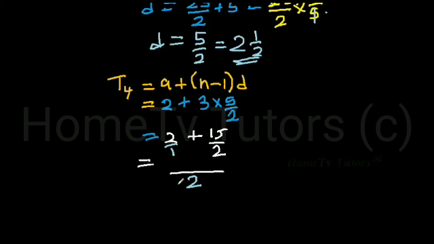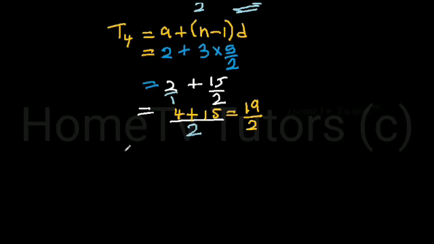So 2 times 2 gives us 4, plus 2 in 2, that is 1 times 15, that gives us 15. So 4 plus 15 will give us 19 over 2. Alright, if we simplify further, we have T4 equals 19 over 2. So 2 in 19 will give us 9 whole number, remainder 1 over 2. So this is the fourth term.